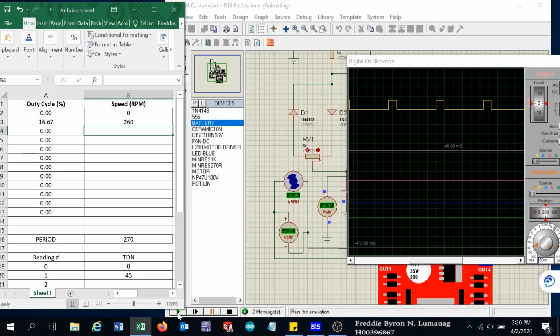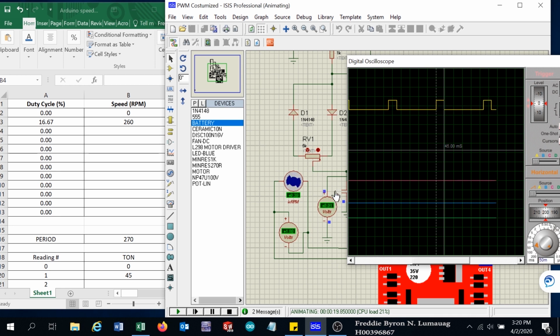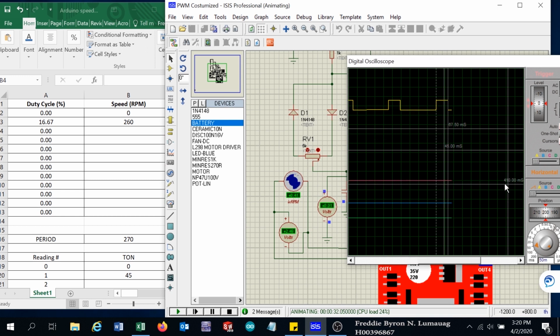Now I will adjust this one. How much is the second time, the second reading? That is 67.5 milliseconds, and the speed is 380.